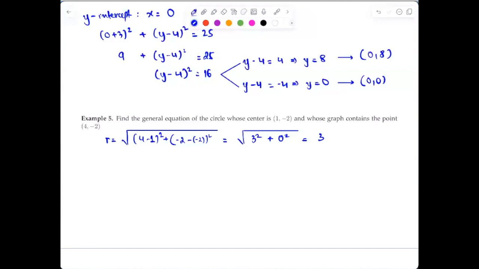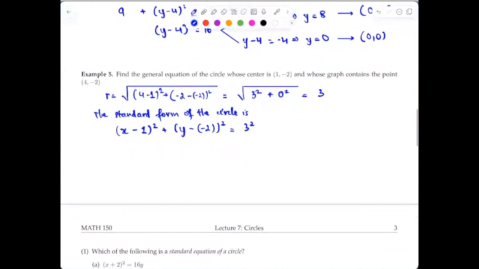Now, the equation of the circle in the standard form is x minus 1 squared plus y minus negative 2 squared equal to 3 squared.